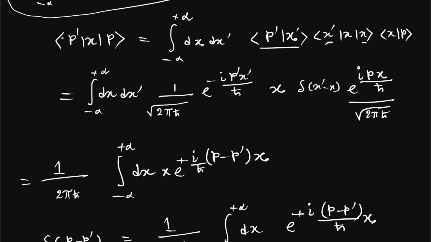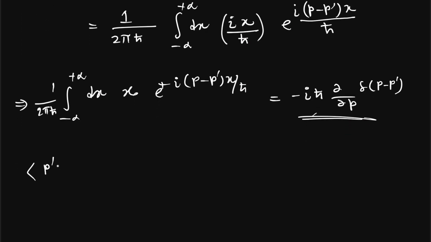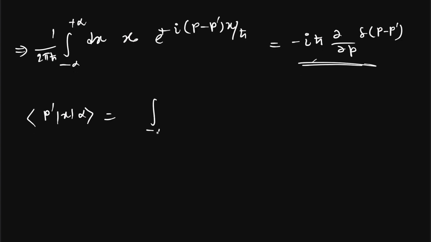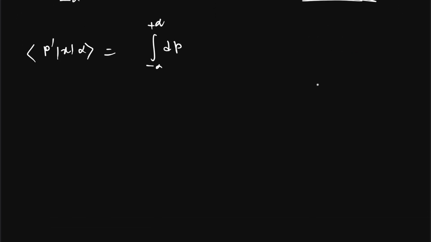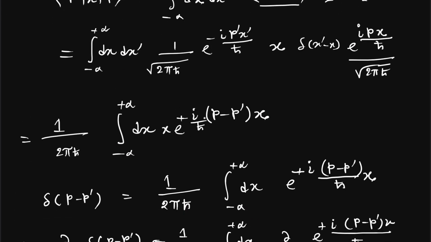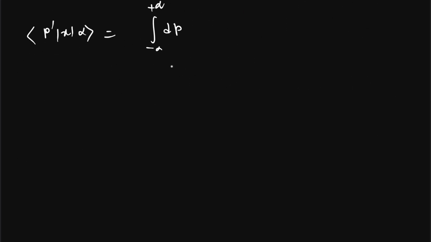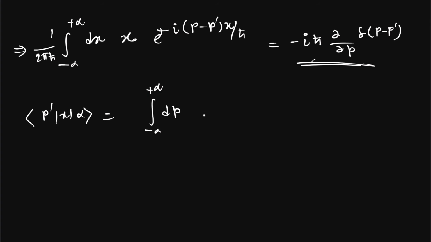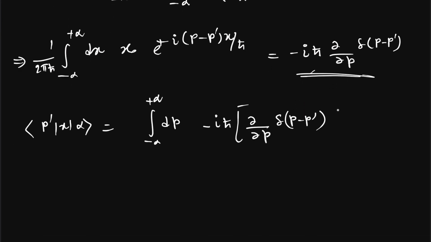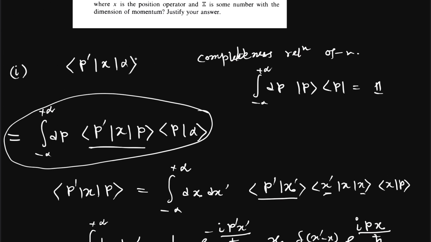We'll get <p prime|x|alpha> is equal to the integral from minus infinity to plus infinity dp, and we know that <p prime|x|p> means this integration, which is i h cut del p delta p prime minus p, and there will be <p|alpha>.